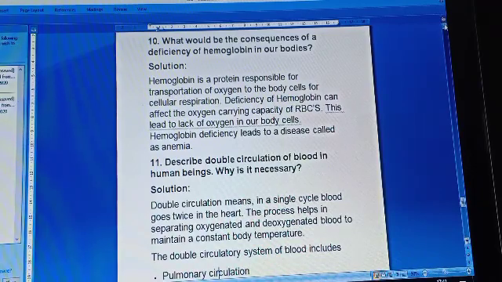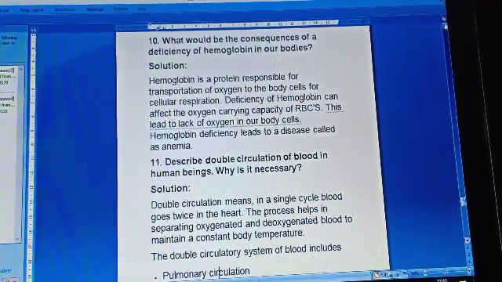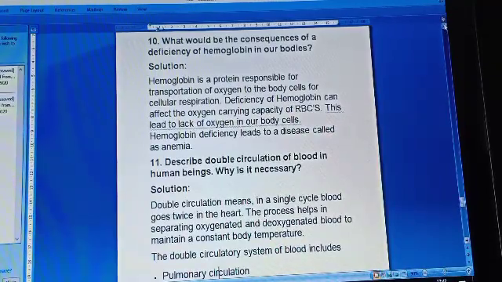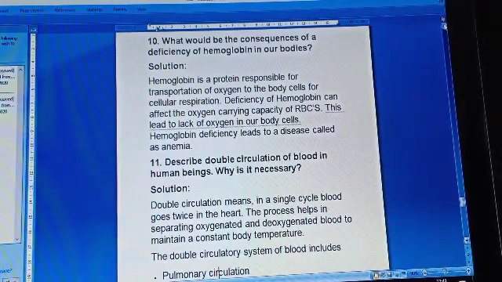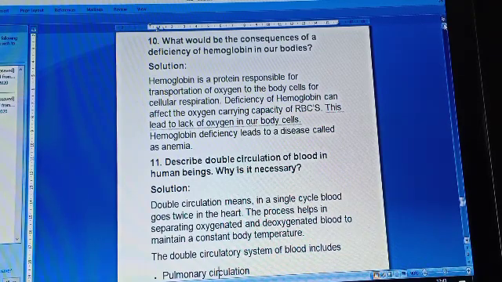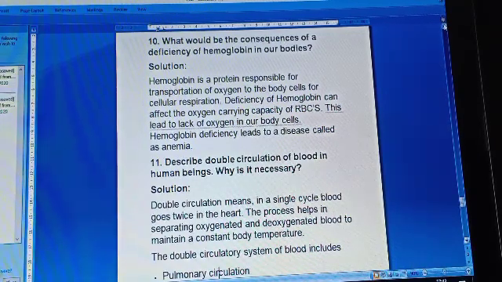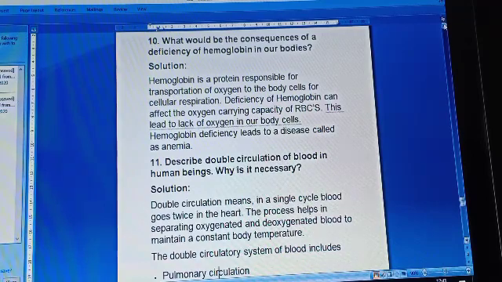If there is a deficiency of hemoglobin, it can affect the oxygen-carrying capacity of the RBC, because its main function is the transportation of oxygen. But if it is not in the proper amount and is deficient, then it cannot transfer a sufficient amount of oxygen from one part to another.